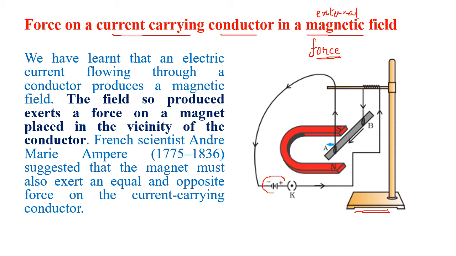We have taken a battery with a key, and the wire is there in such a way that on the stand we have put a copper wire. This AB is a small wire, or you can bend a copper wire to make a U-shaped wire, and it is made on the stand so it can hang like a swing. On a stand you can hang it like a U shape, like this.